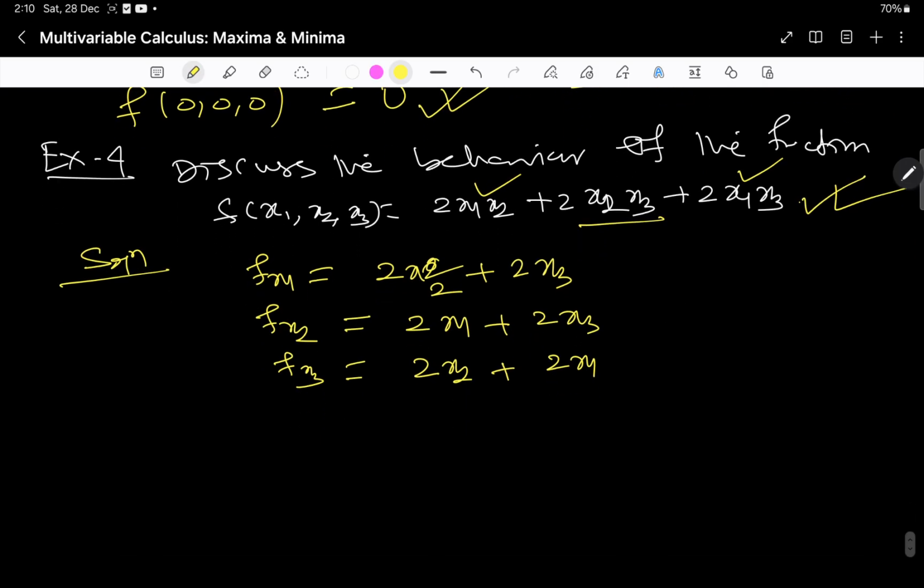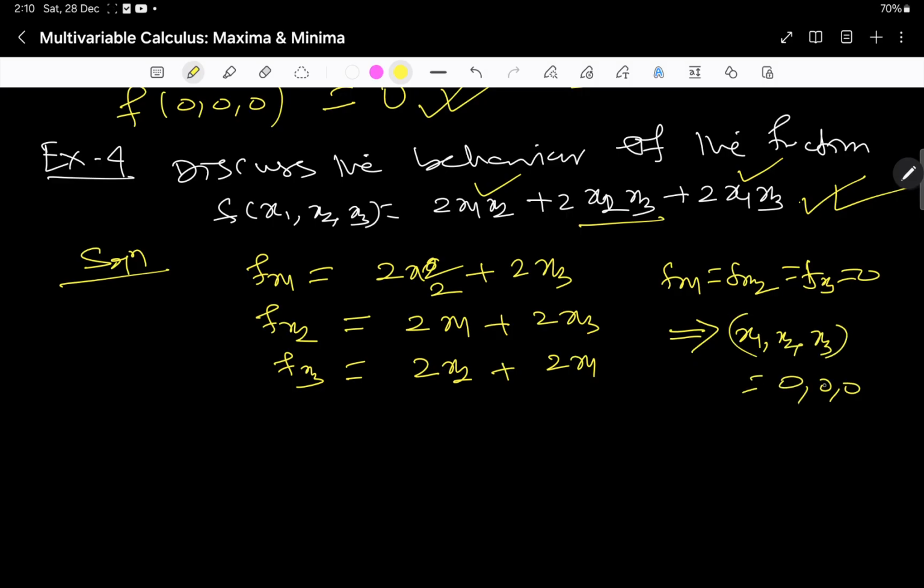Okay. Now if you solve them simultaneously, fx1 is equal to fx2 is equal to fx3 is equal to 0. So if all are simultaneously 0, only when x1, x2, x3 is equal to 0, 0, 0. So this is a stationary point, right?